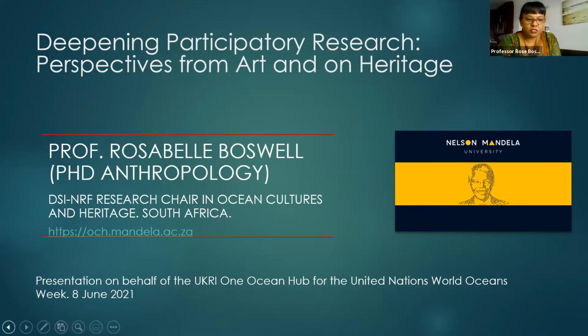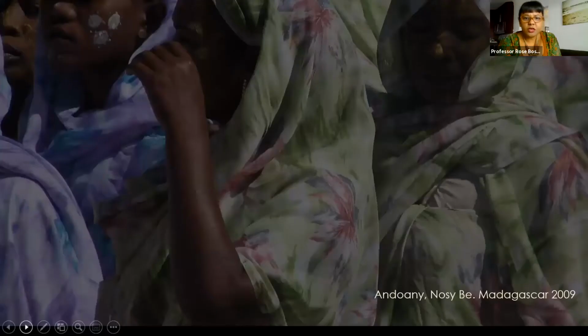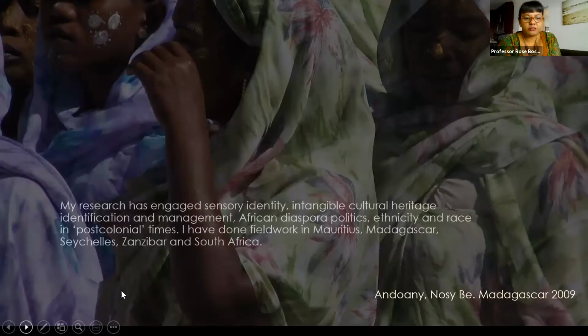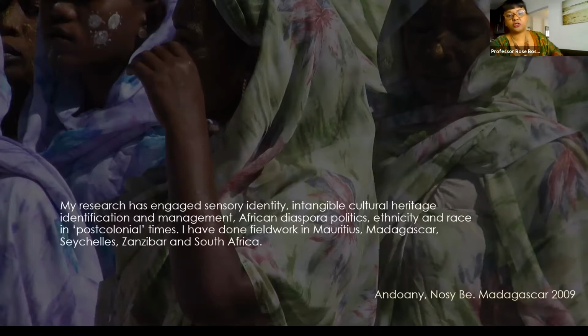But before getting into this, I'd like to share that the broader aspects of the research that I've been doing has engaged sensory identity, intangible cultural heritage, identification and management, African diaspora politics, ethnicity and race in post-colonial times. Some of the work that I've done has taken place in Mauritius, Madagascar, the Seychelles, Zanzibar, and South Africa.